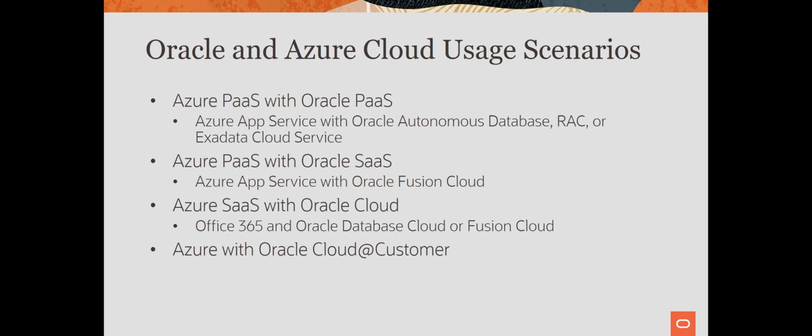And then what we think will end up also increasing in use is Azure with Oracle Cloud at Customer, Oracle's on-premise cloud offerings that basically give you a cloud in a box.